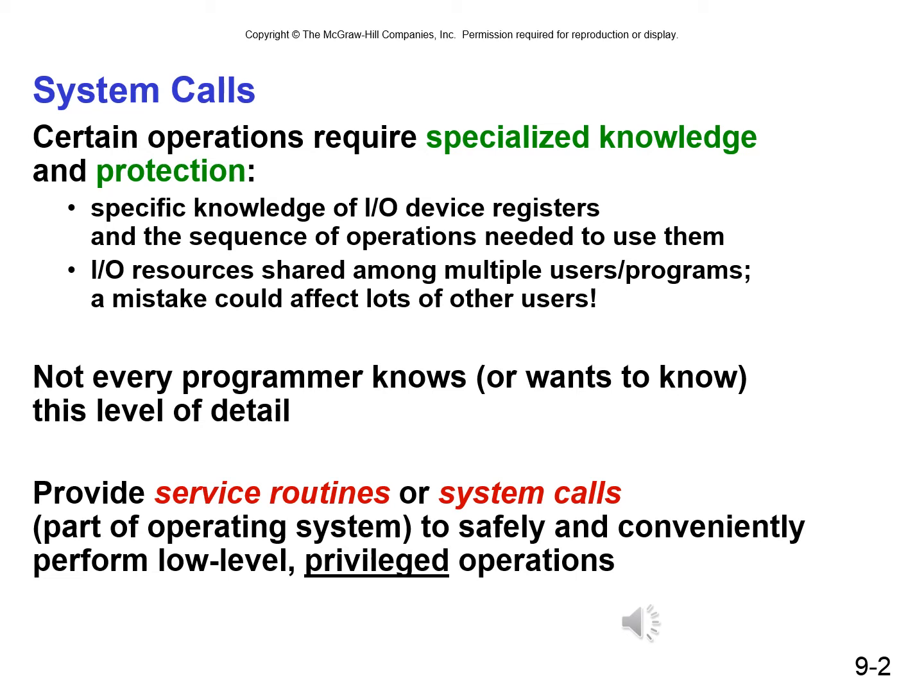So to perform a system call, we provide service routines, also called trap routines in the LC3. And these are part of the operating system, and they perform privileged operations.